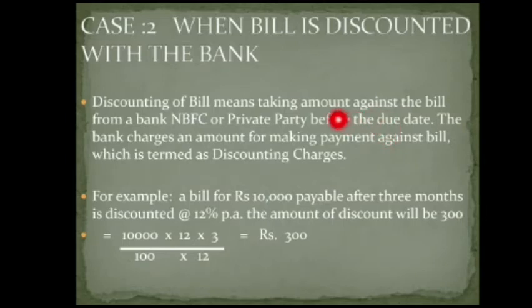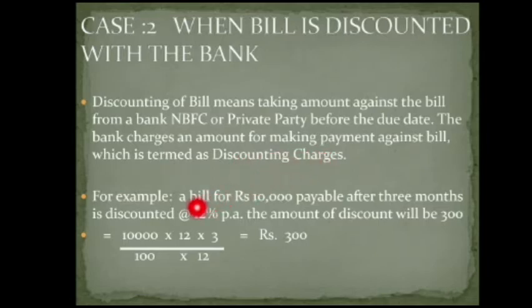Before that due date, if we take the money of that bill from a bank or a private party, it is known as discounting of the bill. The bank usually charges for the discounting of the bill.